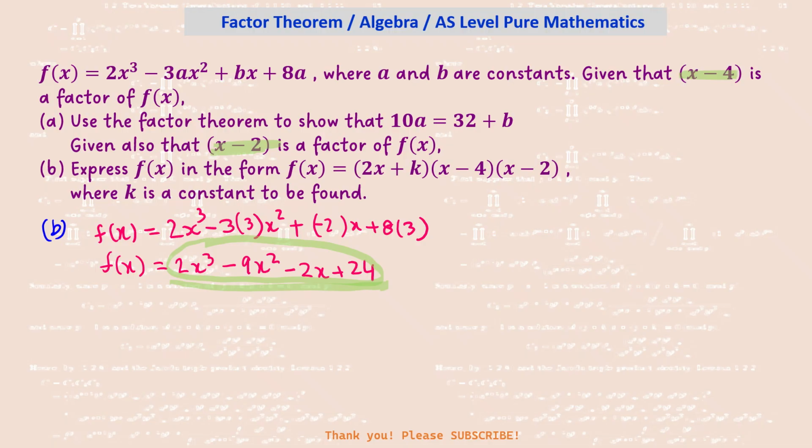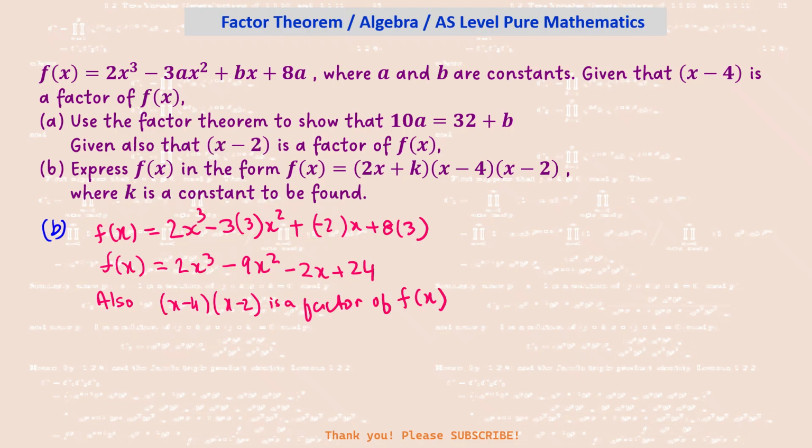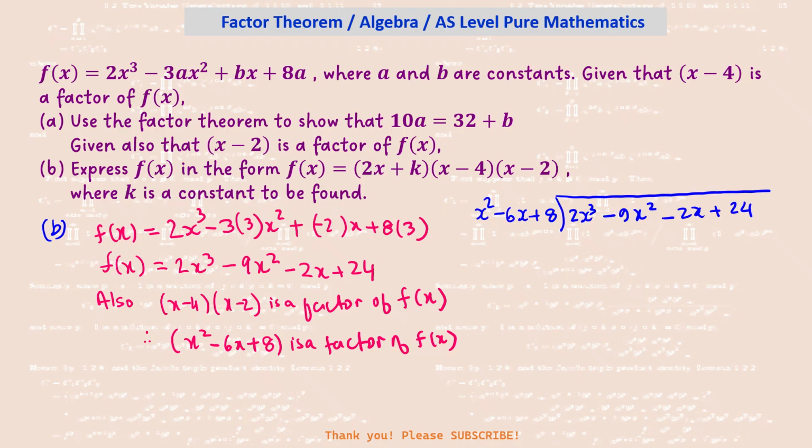So we can divide f(x) by the product of x minus 2 and x minus 4 to get the third factor, because x is power 3, so there are three roots. If I just multiply it out, you get x squared minus 4x minus 2x is minus 6x, plus 8, is a factor of f(x).